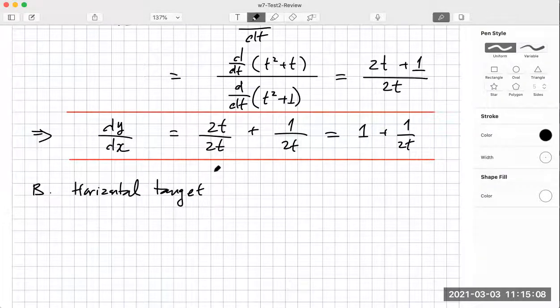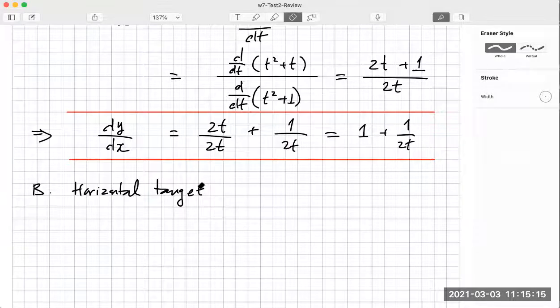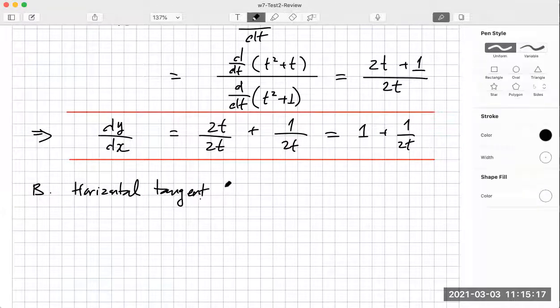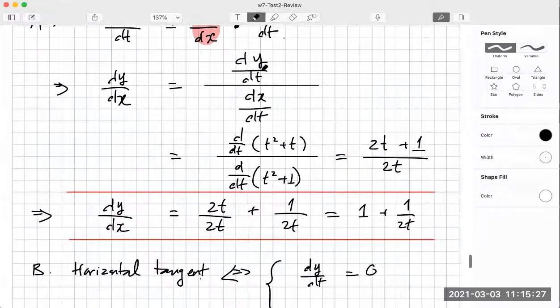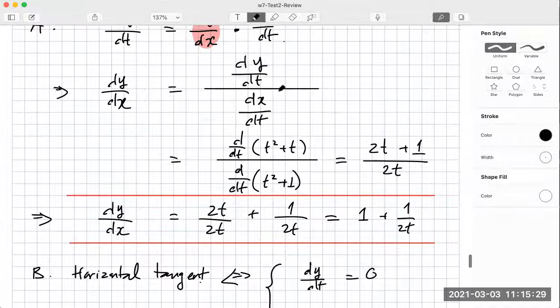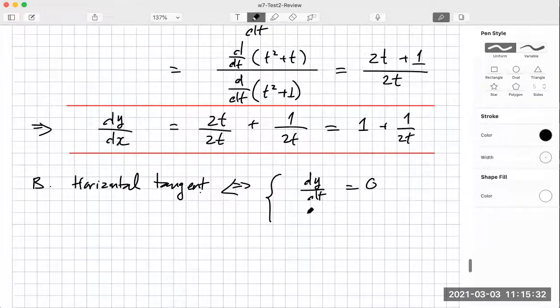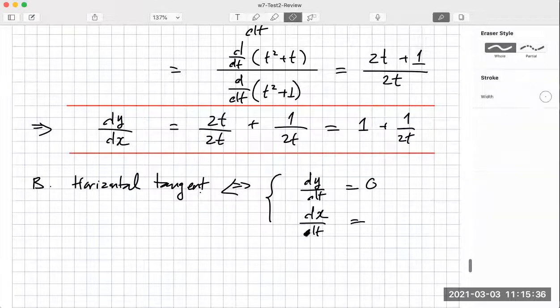At the point t where the tangent is horizontal, which is equivalent to saying that dy over dt should be 0, and dx over dt is not 0.